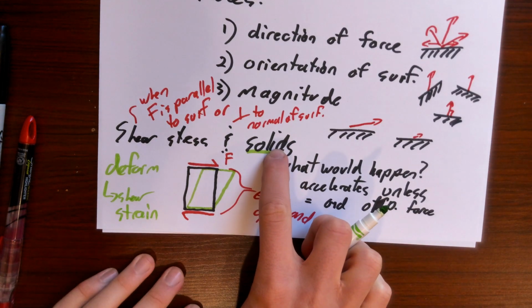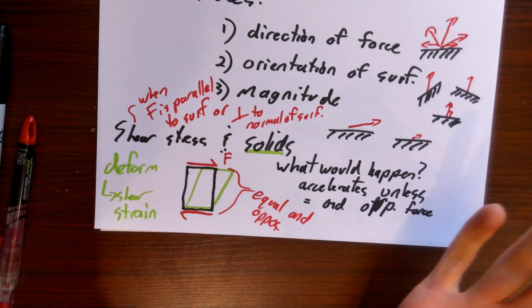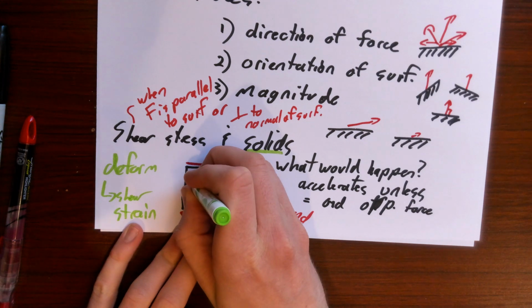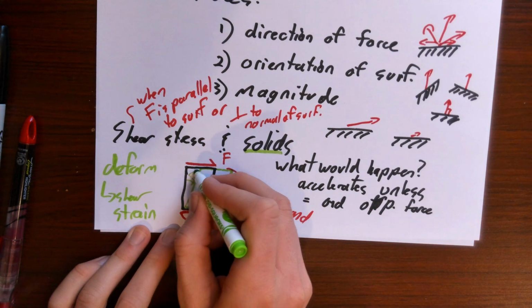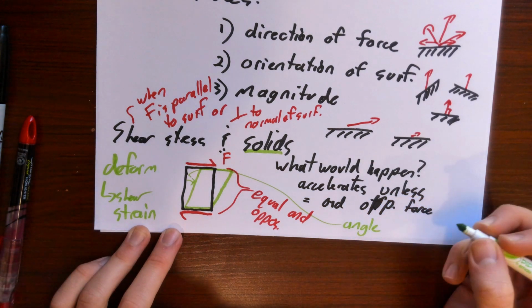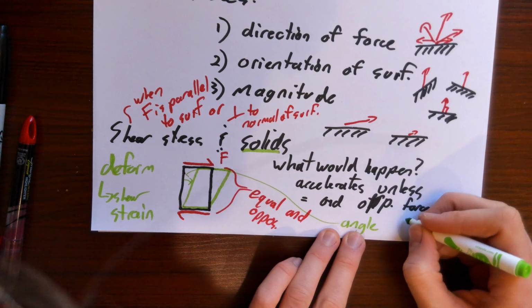Right? And in the case of solids, if you apply some shear stress, you get some shear strain, and that's the end of it. And one way we quantify the shear strain is with this angle. Sometimes the angle that people use is the Greek letter gamma.